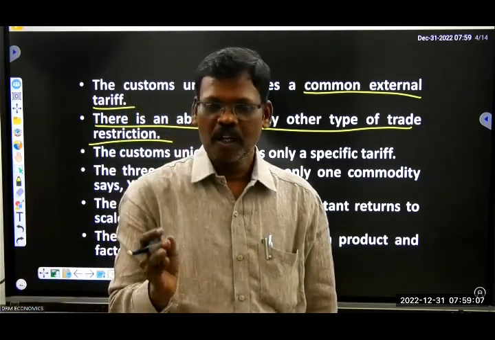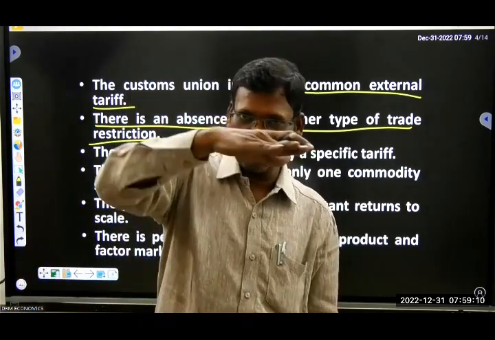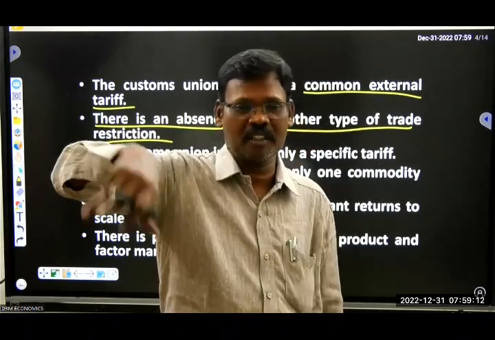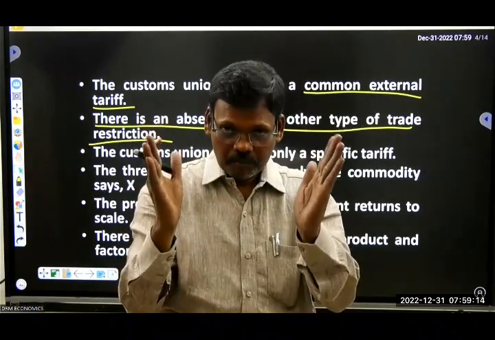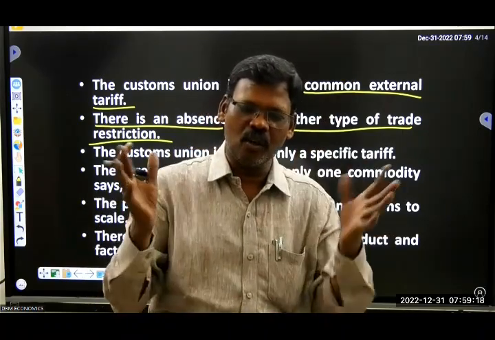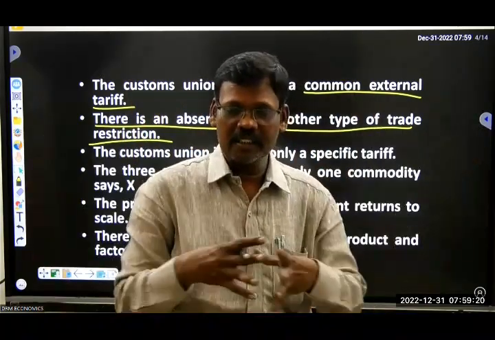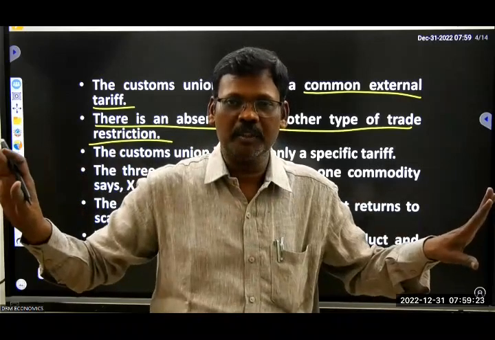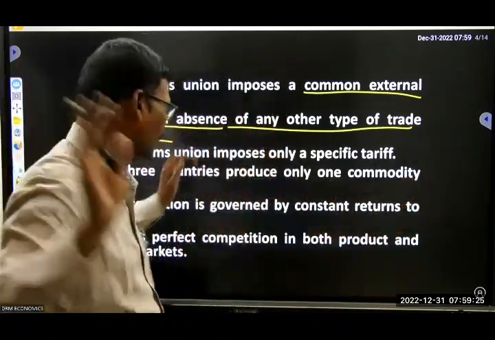Please remember, tariff may be there, but all the countries in the customs union have the same tariff system, and other restrictions like quota and licensing system we are assuming absent. They are free trade.